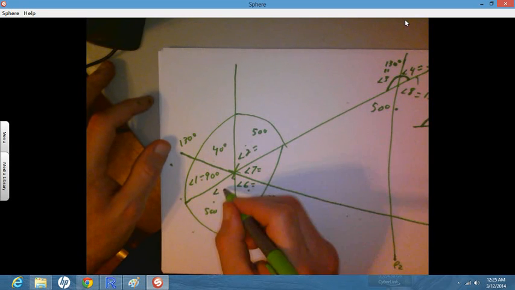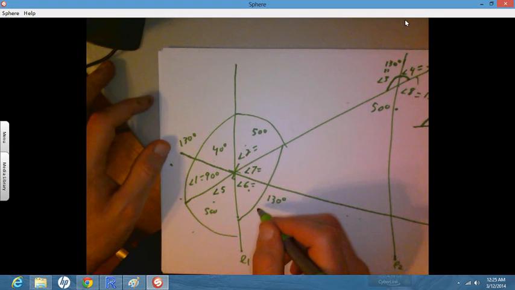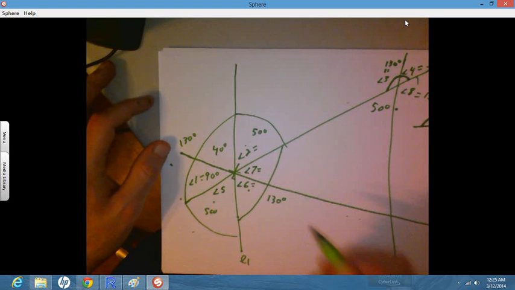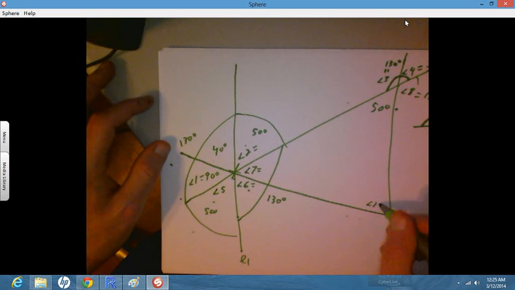So I've got all the angles ready to fill in. And this over here is going to be angle 10, this over here is angle 11, this over here is angle 12, and this over here is angle 9. Great.